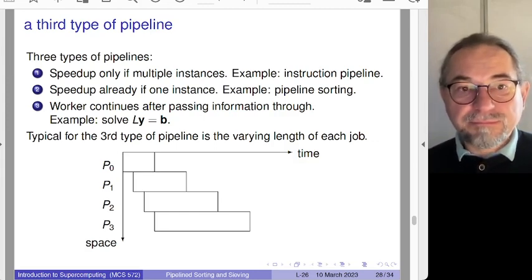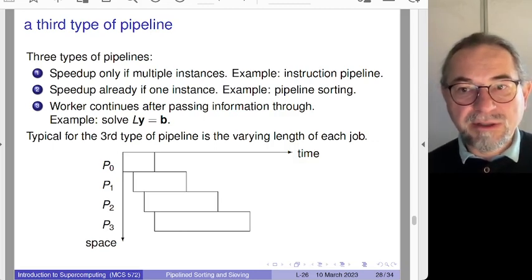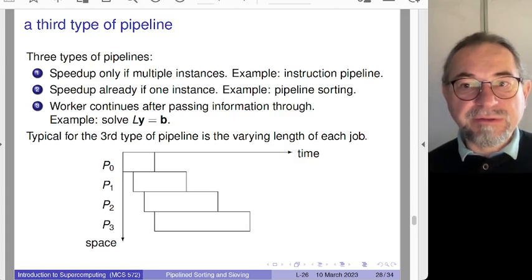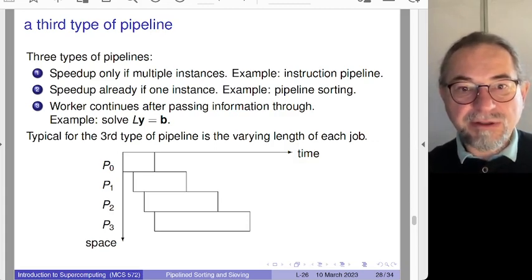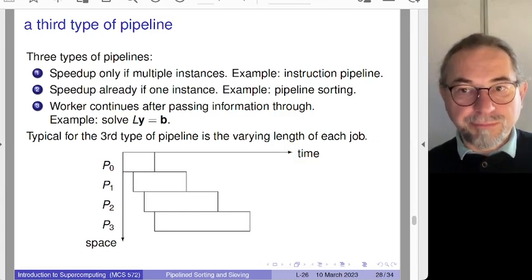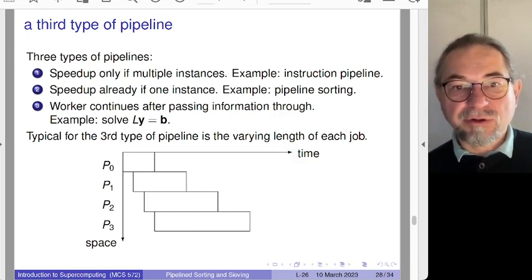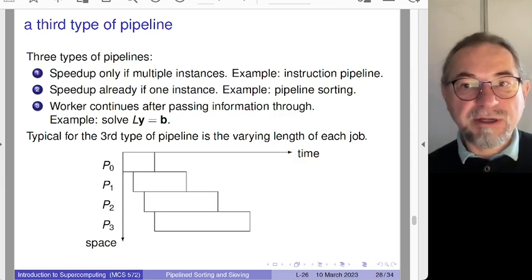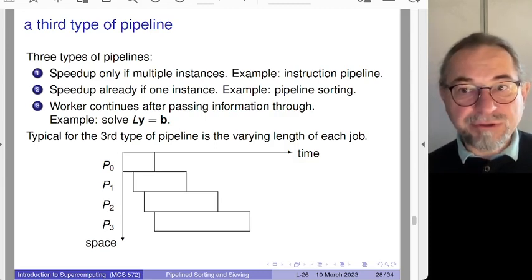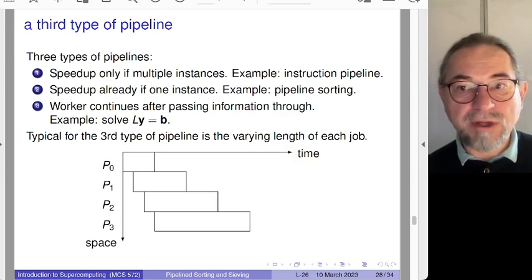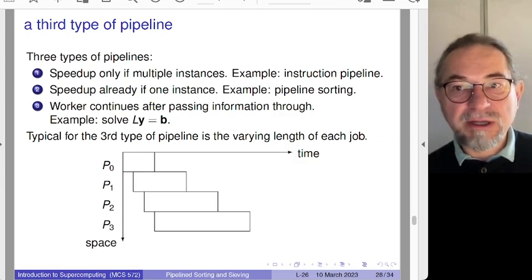In the third type of pipeline, with the forward substitution, you see that in the later steps in the algorithm, to compute the later numbers, one needs more work, more multiplications, more subtractions. So the amount of work actually increases. However, the other processors can actually start as soon as y1 is available. As soon as the first number is available, it can be substituted in.